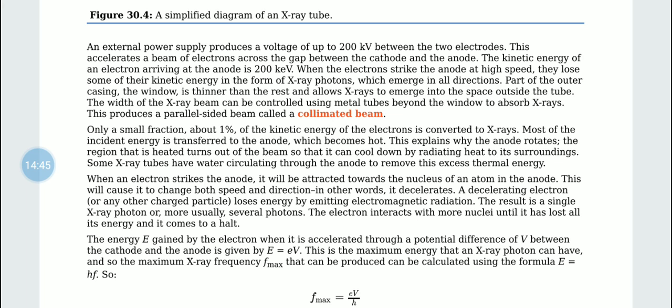There is a window that allows these X-ray photons to pass to the outside, and by controlling the width of the X-ray beam, a parallel sided beam called a collimated beam is produced, which can be used for medical purposes.